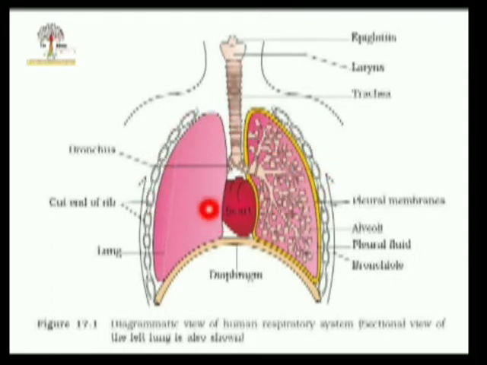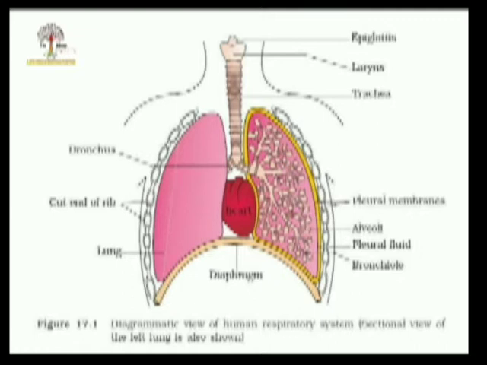relaxation and contraction procedure. If we see the normal condition, that means in case of exhalation, the diaphragm remains dome shaped. So we will see how the structure of the diaphragm changes with the respiration procedure.